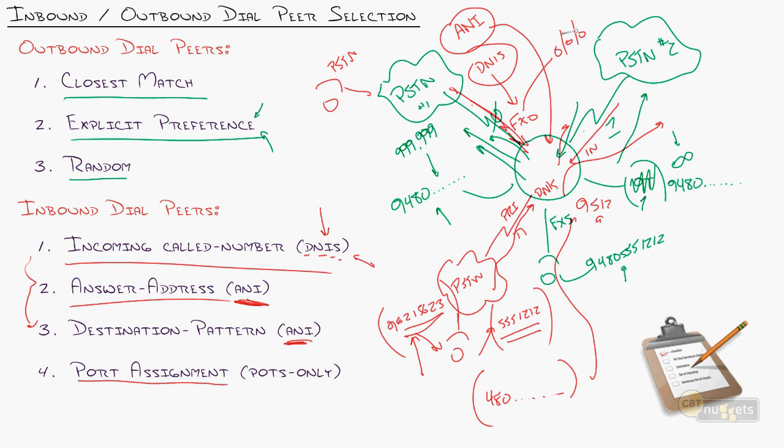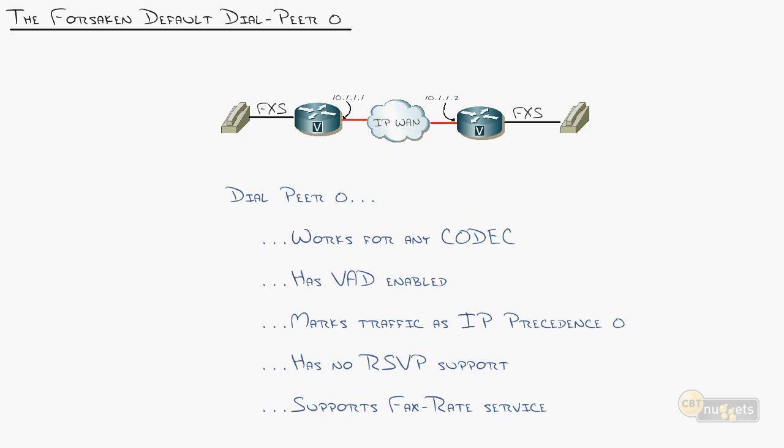Now again, this just gives us the settings for the connection. If none of these match, and you're not using a UC520 like we saw on the last nugget, it will resort to number 5, which I don't have listed, which is dial peer 0. I don't know why, but every time I think of dial peer 0, it's just like this despair dial peer.